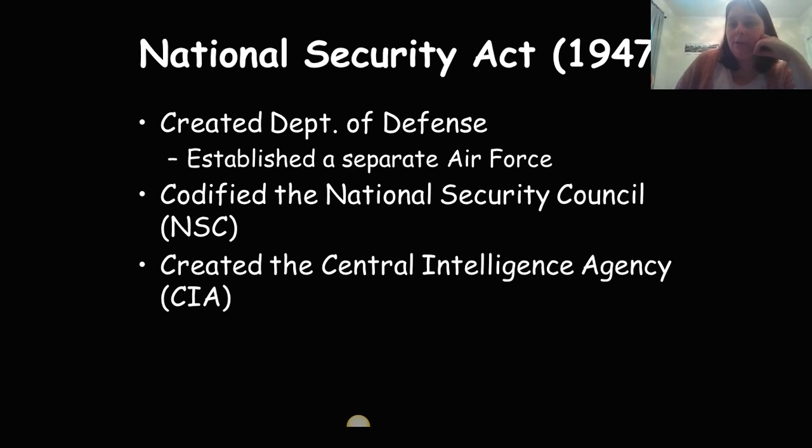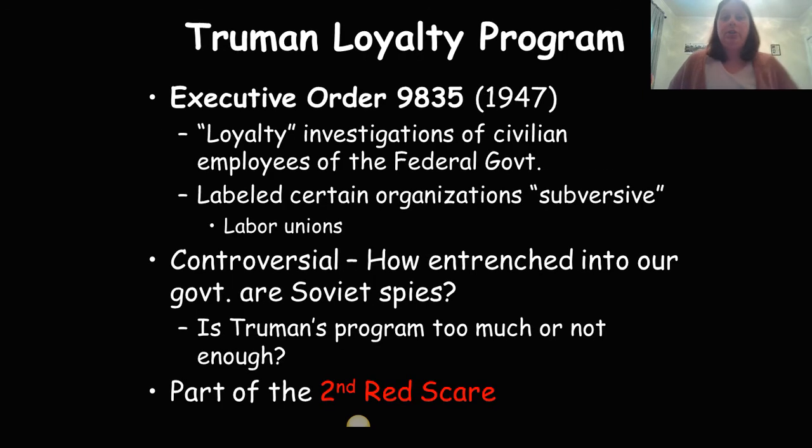This is also when the Truman administration is going to start to concern itself with the theory that there are secret communists hiding inside the United States. The second Red Scare, like the first Red Scare that we had after World War I, is about this fear that somehow communism might overthrow American government or American society.